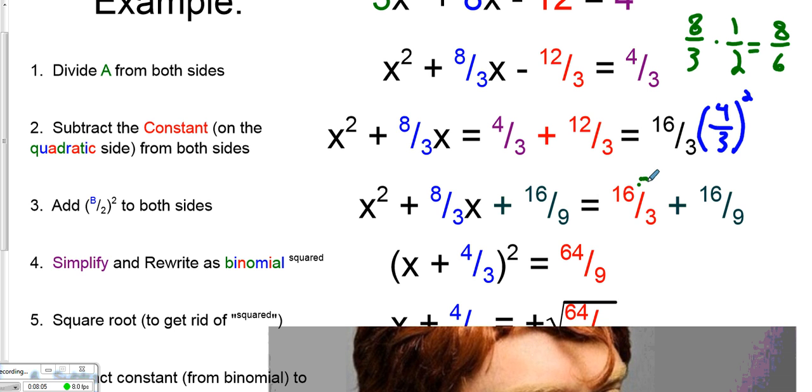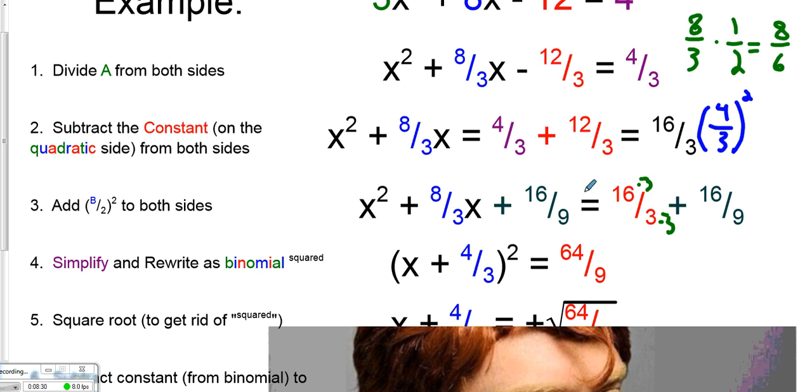This 16 multiplied by 3, this 3 multiplied by 3. That way my bottom is a 9. My top would then become 48. 48 ninths plus 16 ninths becomes 64 ninths. So here is my simplified form of this side.